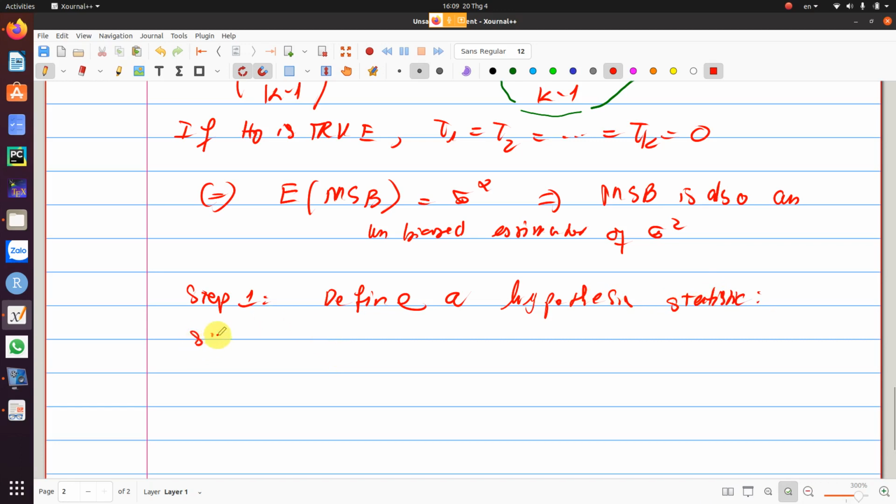And then step 2, we need to define the rejection regions. The test statistic, the rejection regions.